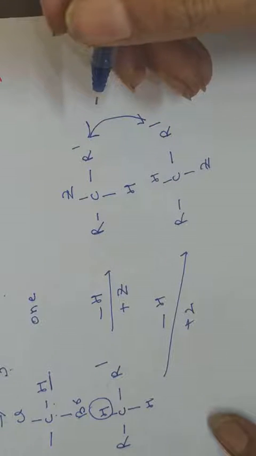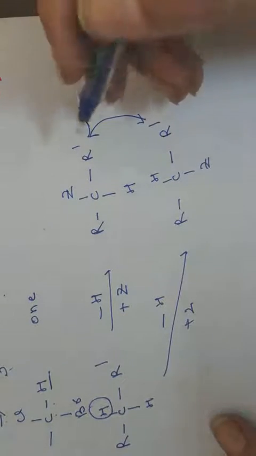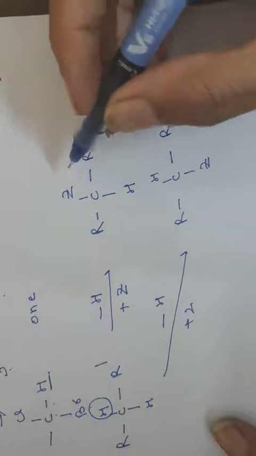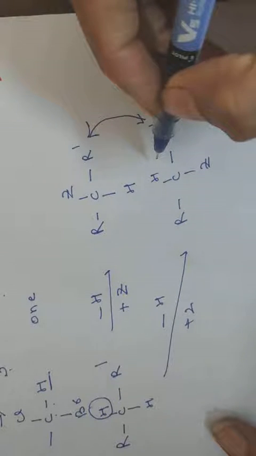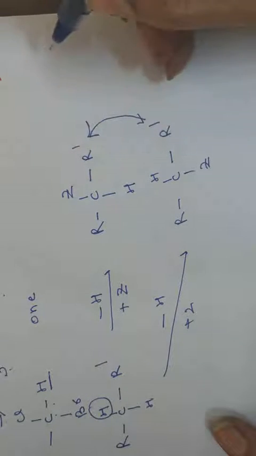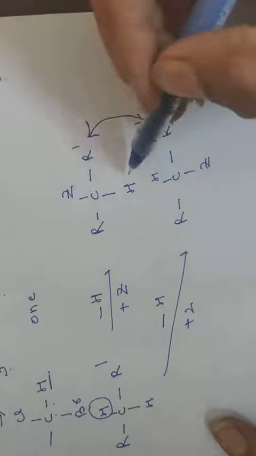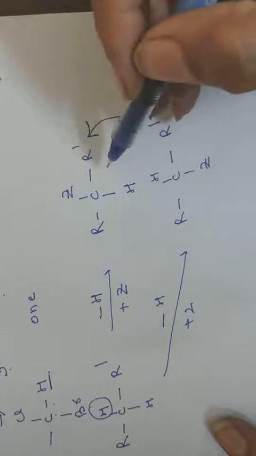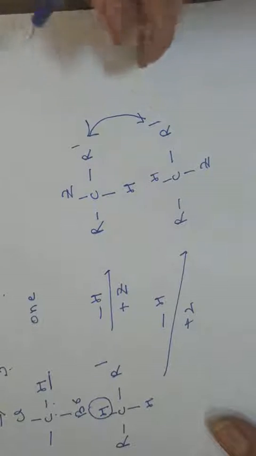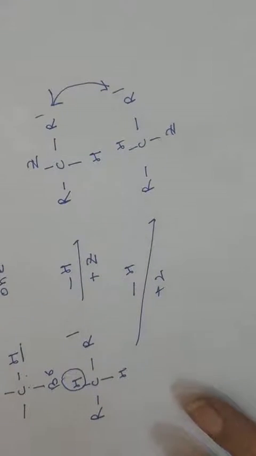And if the protons are bisected with the help of the plane of symmetry, then these are called diastereotopic protons. Whereas if the protons are reflected by the plane of symmetry, then the protons are said to be enantiotopic in nature.